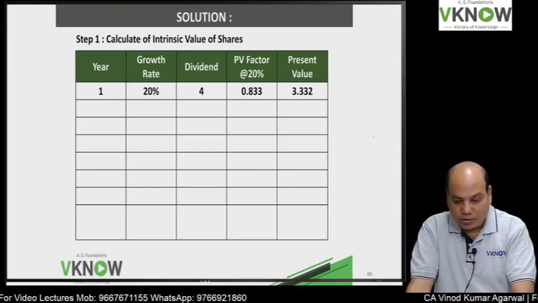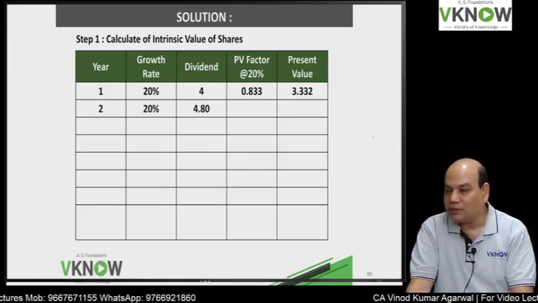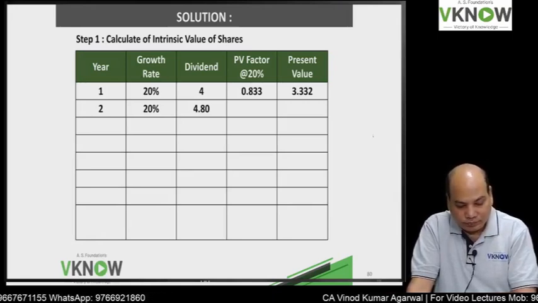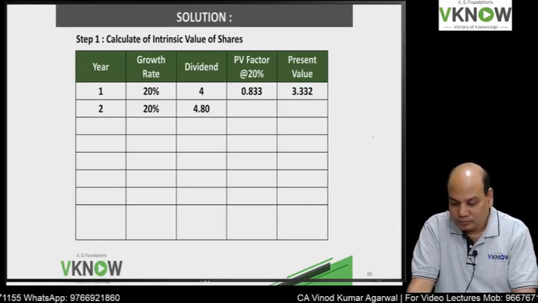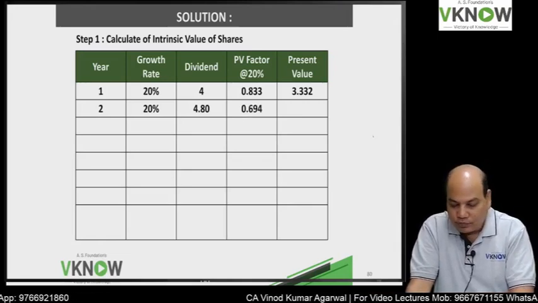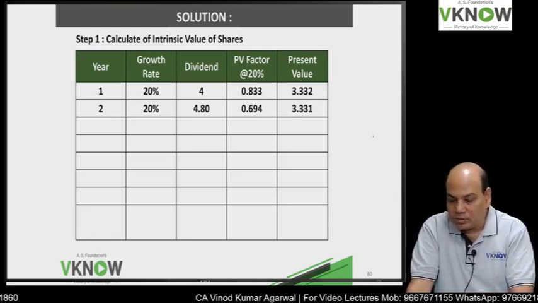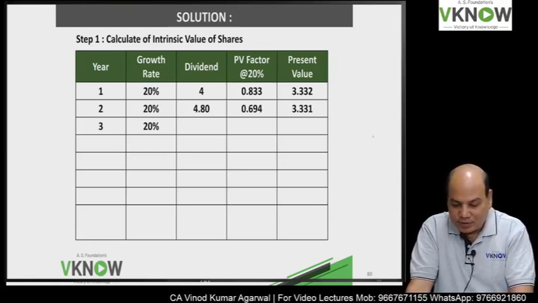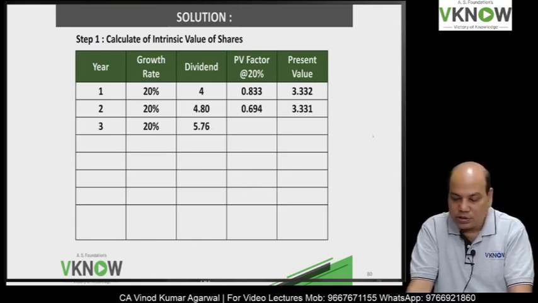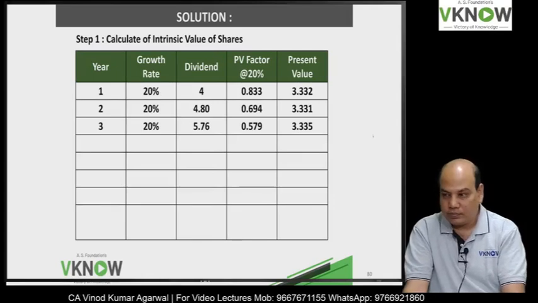Now year 2, write down. Now you will add 20%. First, second, third, fourth, growth rate is 20%. 4.80, factor from the question book 0.694, into 4.80 gives 3.331. Next, year 3, add 20%: 4.80 plus 20% is 5.76, factor 0.579, multiply, 3.335.